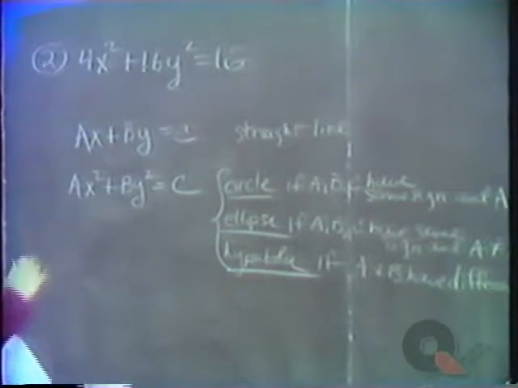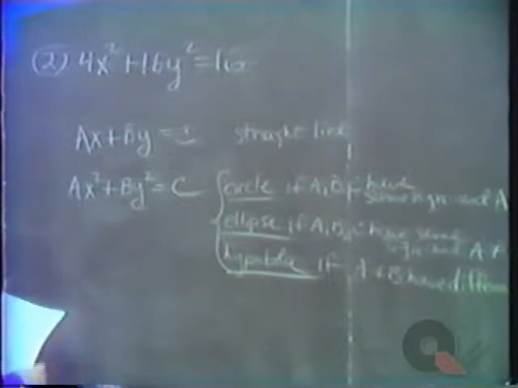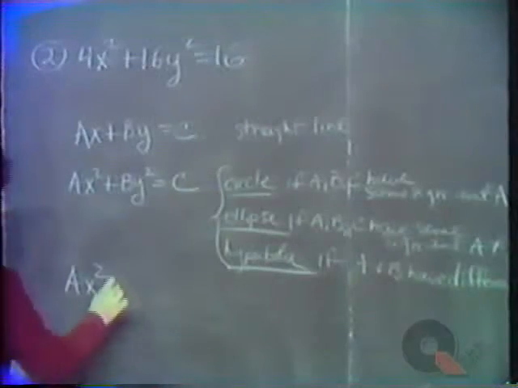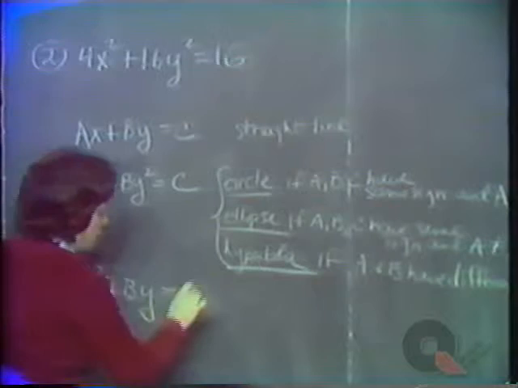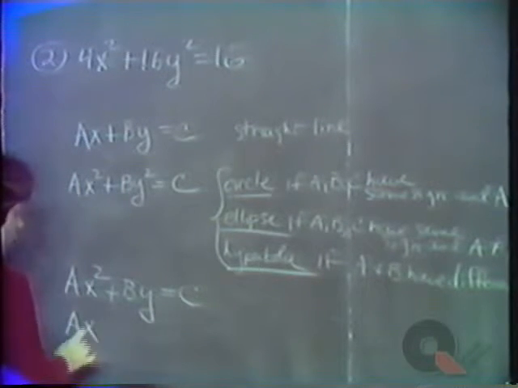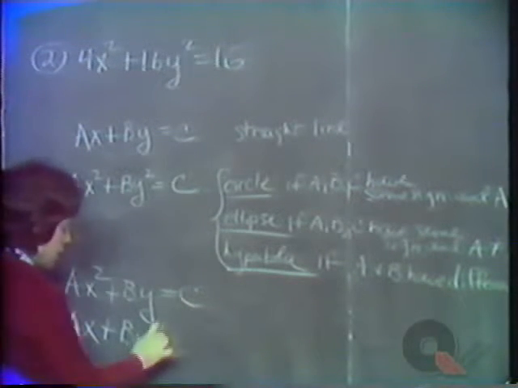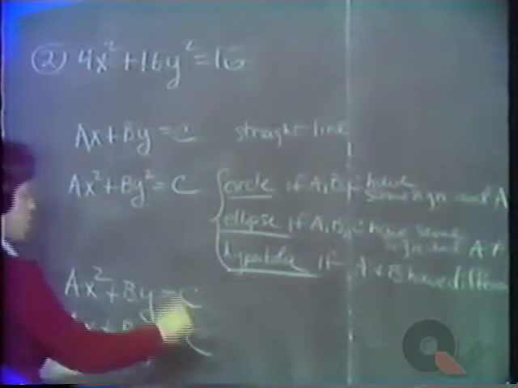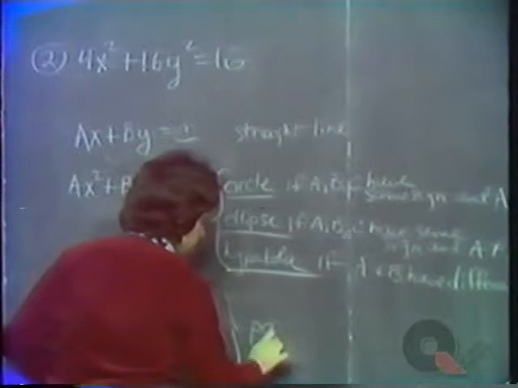And although we're not going to see it right away, a little later on in the tape we're going to come to parabolas. And if, say, x is squared but not y, or if y is squared but not x, in either of these instances, we would have a parabola.